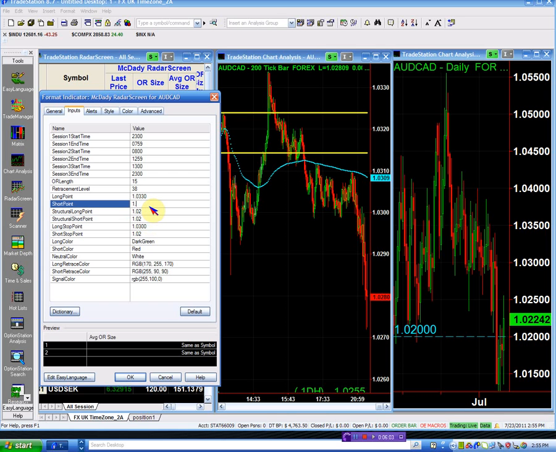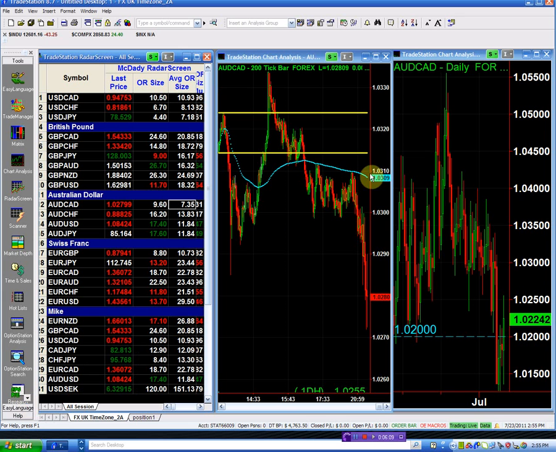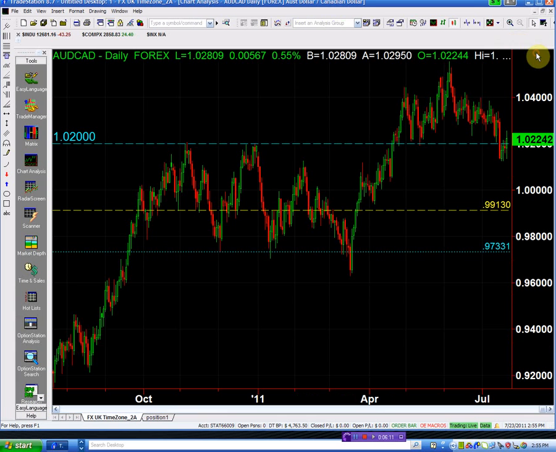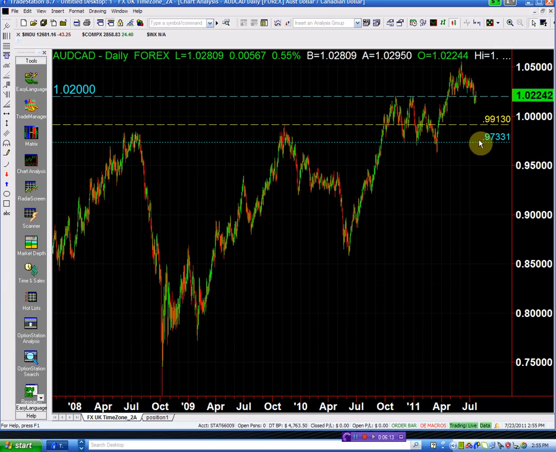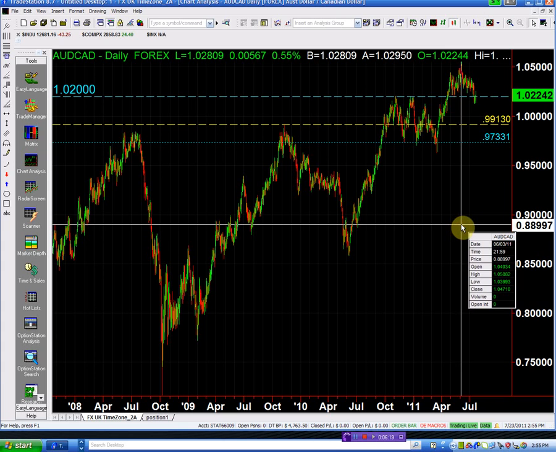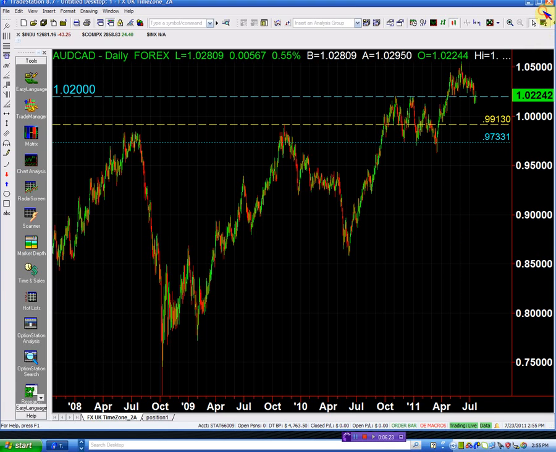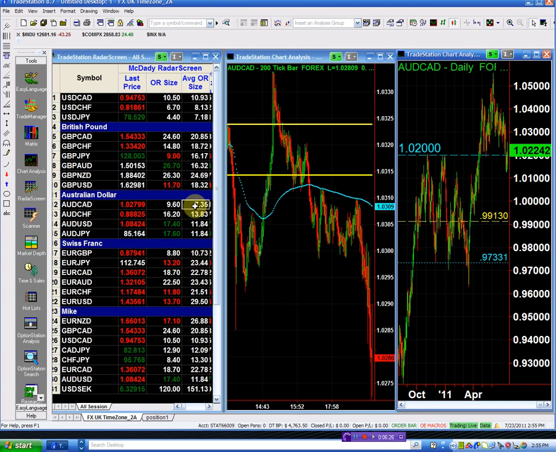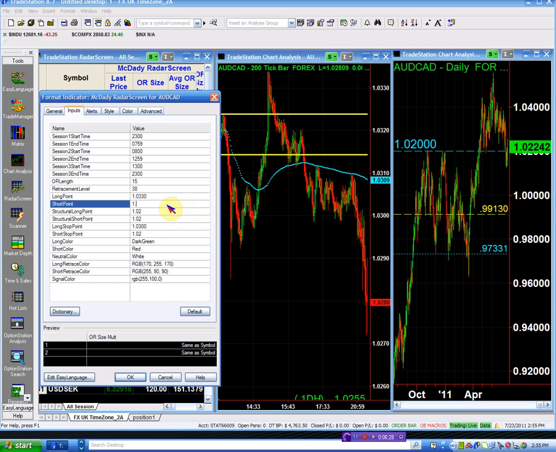So now I have to pick another structural point, and in this case the closest one is the all-time high, which is the 105.55. So my next structural long side is the 105.55.